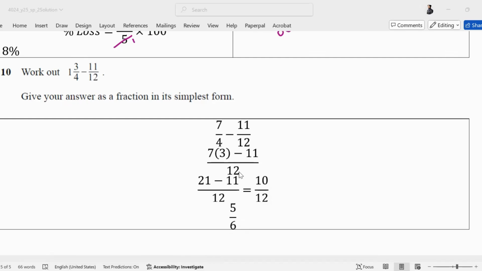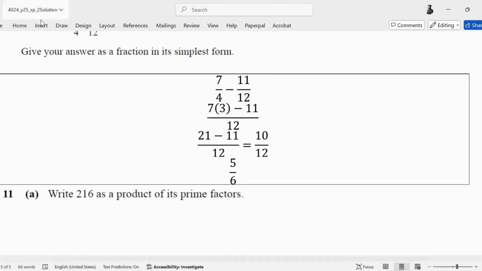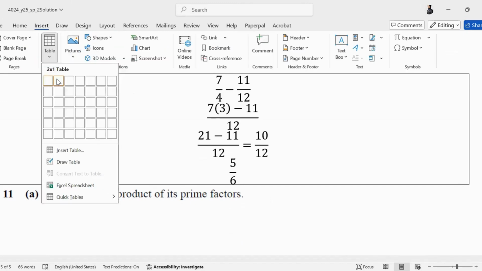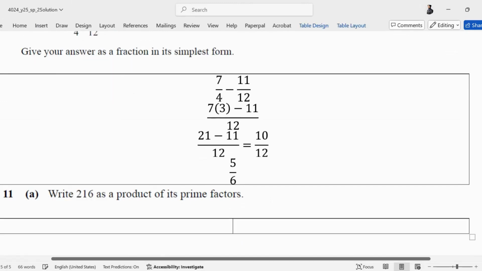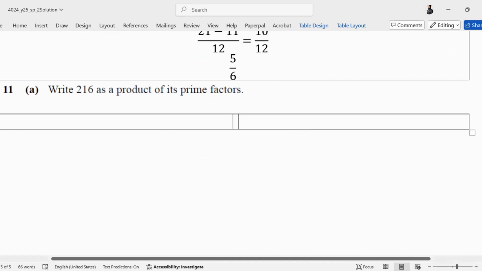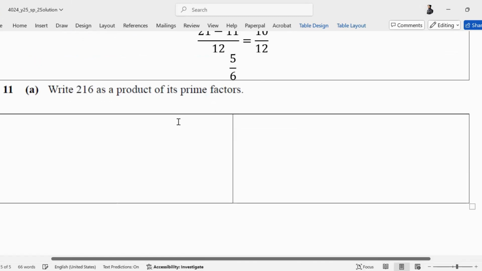And then we have the number 216 as a product of its prime factors. So what do we need to do in this question when it is a product of prime factors? We'll do prime factorization for 216.